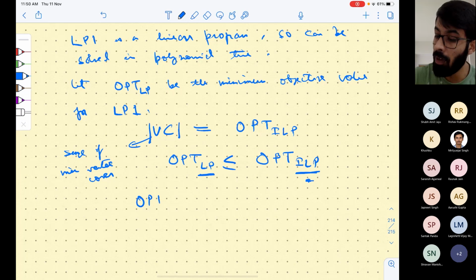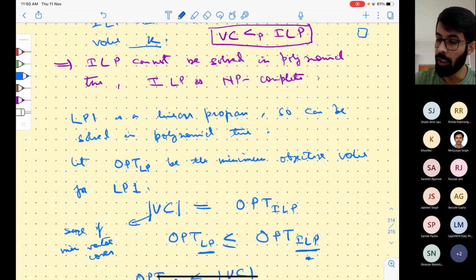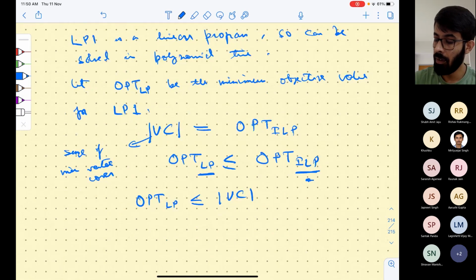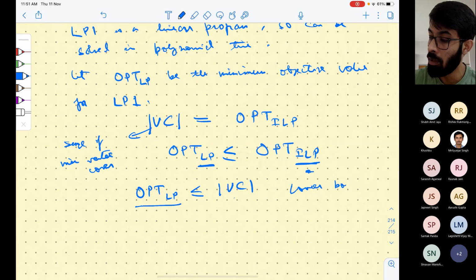That optimum of LP is less than or equal to the size of vertex cover. Okay, so this is the equivalence that we have. So this gives a lower bound on the solution. The vertex cover size is going to be at least that, so this is the lower bound that we desired for our approximation algorithm.